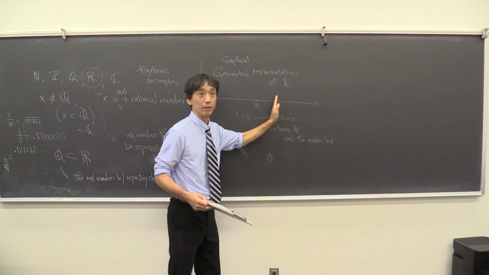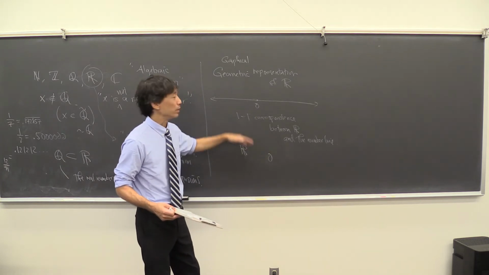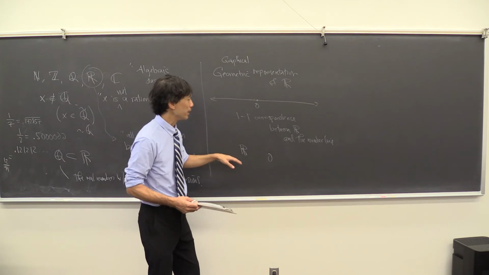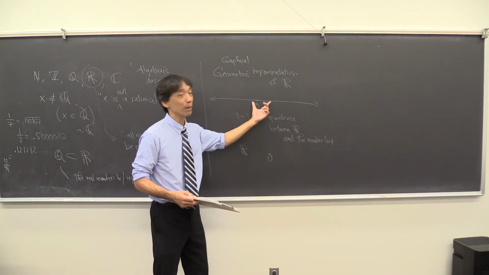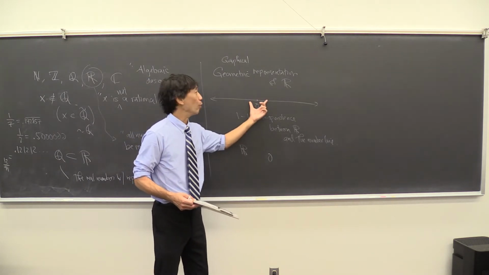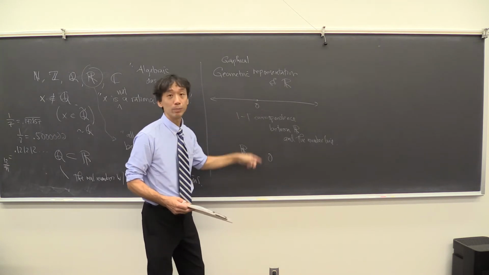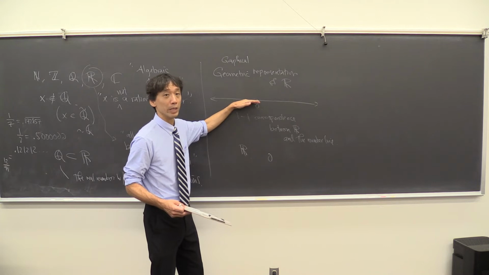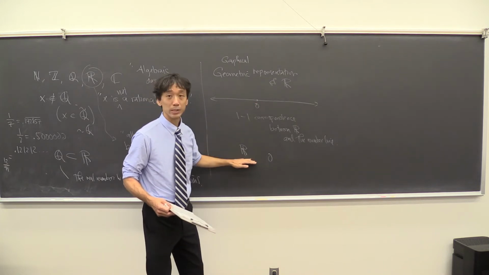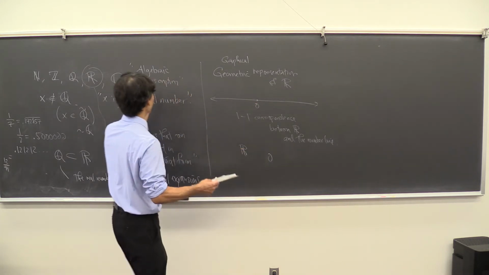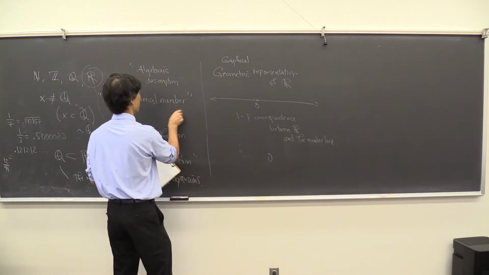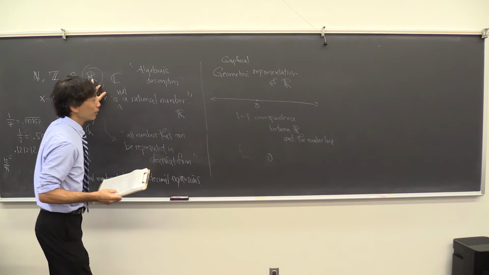To every point over here, there corresponds a real number. This is what they mean by a one-to-one correspondence. It's not the case that 0 has two representations, or that there are spaces here that don't correspond to numbers. Everything here corresponds to exactly one thing over here, and everything over here corresponds to exactly one thing over here.